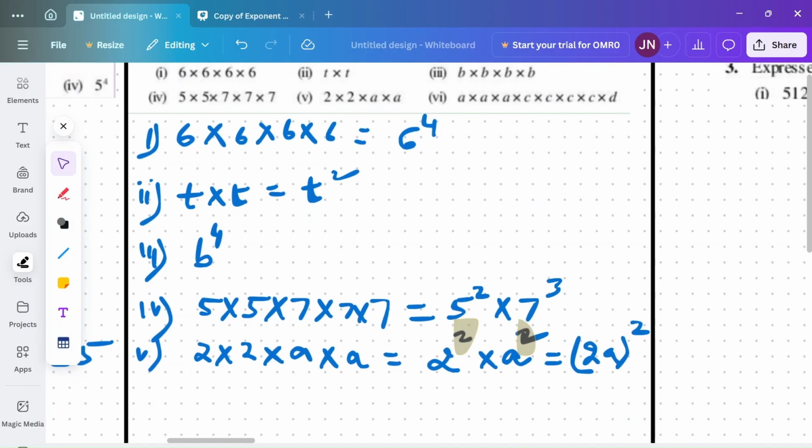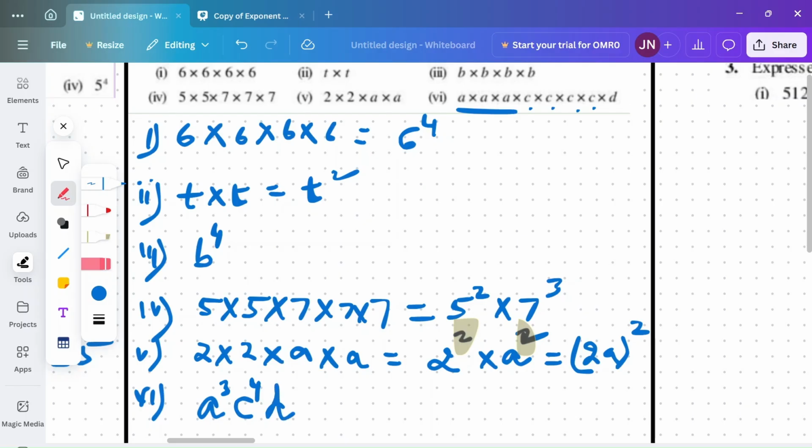Now the last question, sixth question. So this can be written as 3 to the power 3, times c, how many times? 1, 2, 3, 4, and then d. Also, those who are familiar with algebra, those who have done algebra, they are already familiar with this.